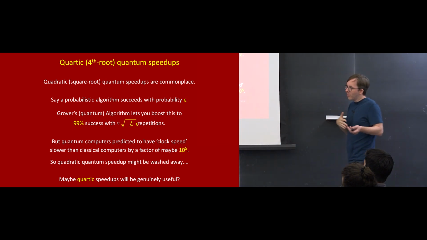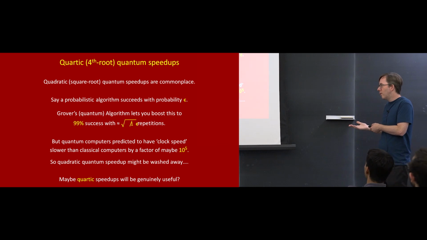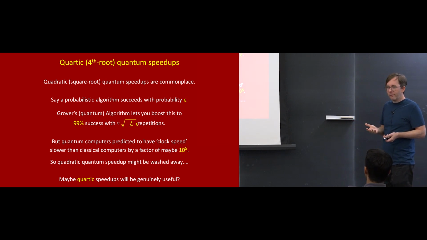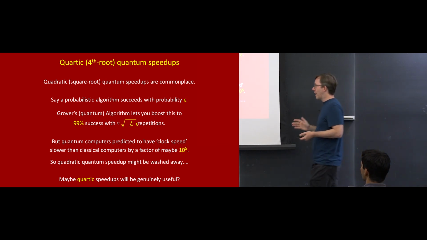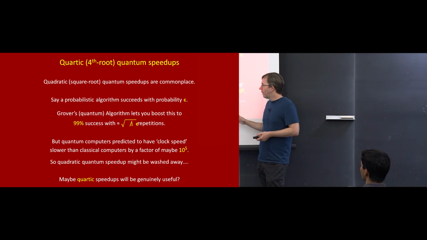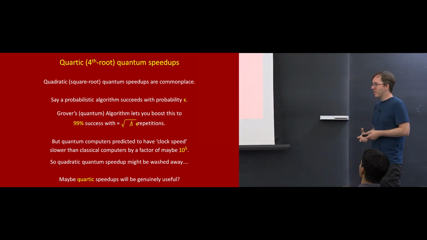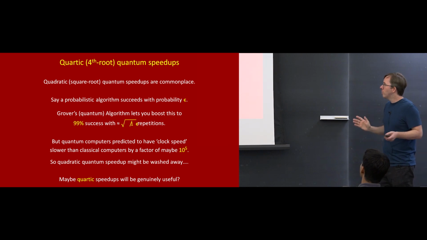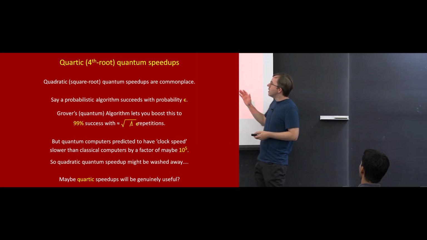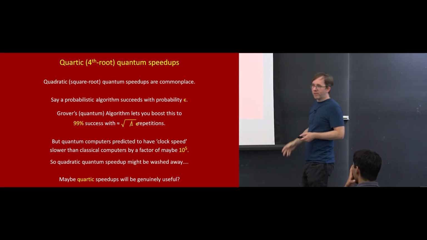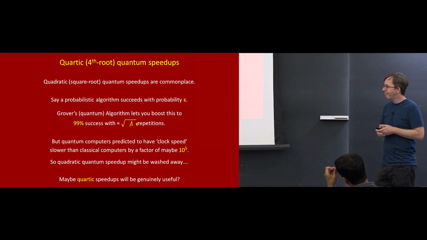So you get this quadratic speedup, but then your computer's a lot slower, so maybe it's not actually good for anything. I don't know exactly the details, but the people who are into it really think that maybe a 4th power speedup actually could genuinely be faster with a quantum computer. So I'm not sure, but the point is it's interesting to find speedups that are better than the typical quadratic speedups.